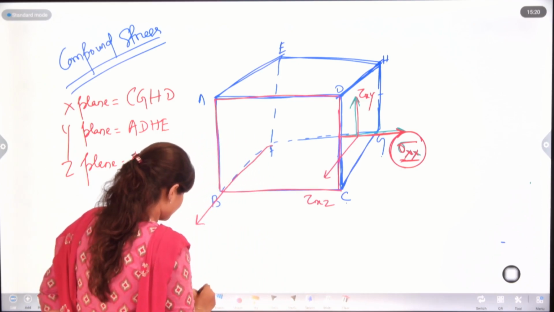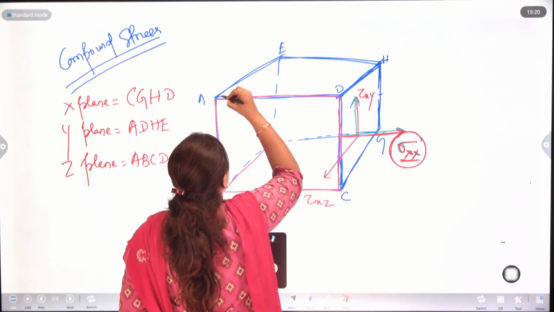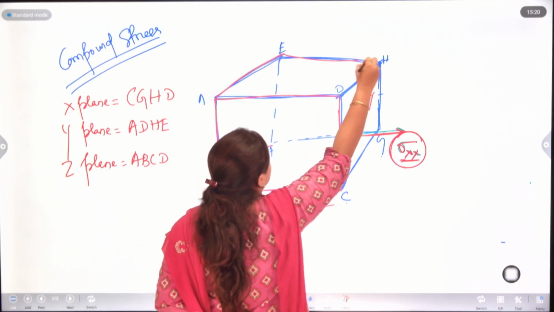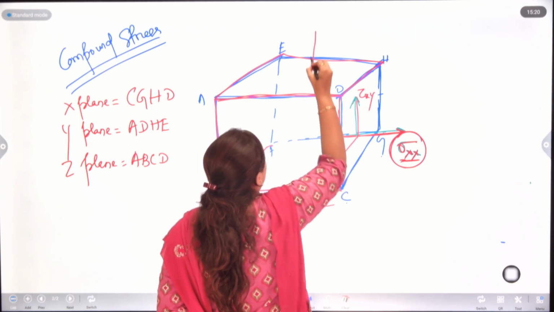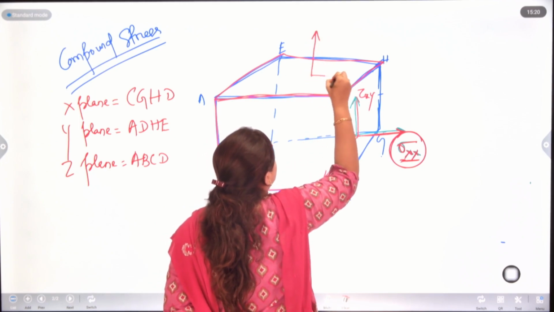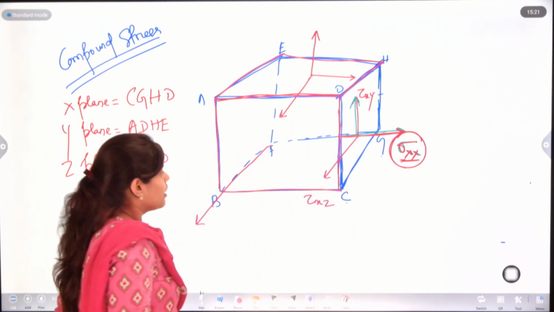Okay. So, in the y plane, we will have one normal stress and two shear stresses, right.